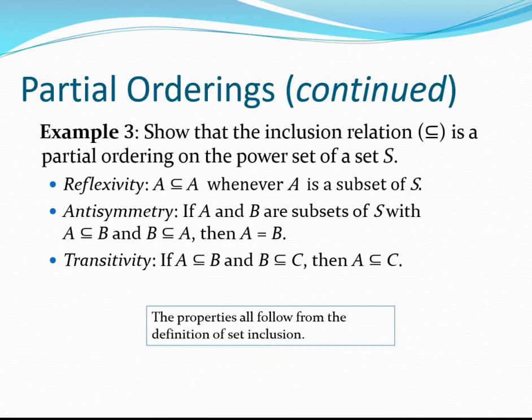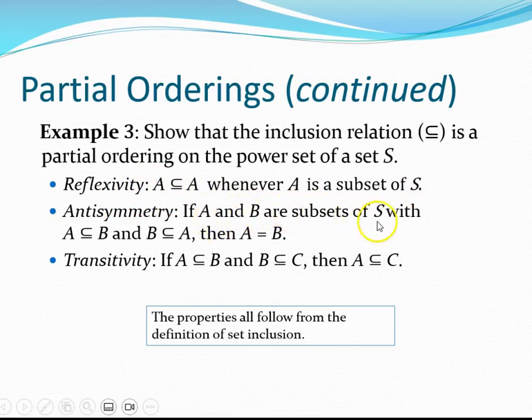Example 3. Show that the inclusion relation is a partial ordering on the power set of a set S. The power set of S consists of the family of all subsets of S. For any subset A of S, A is a subset of itself. So the relation is reflexive.